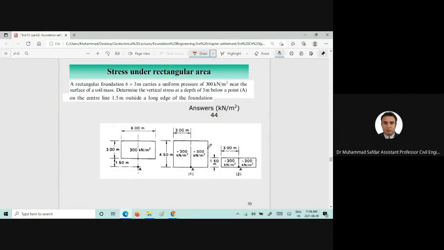A sample question is given: find the vertical stress at a depth of 3 meter below a point on the central line, 1.5 meter outside a long edge of the foundation. For example, this is the point, and here is the rectangular footing.